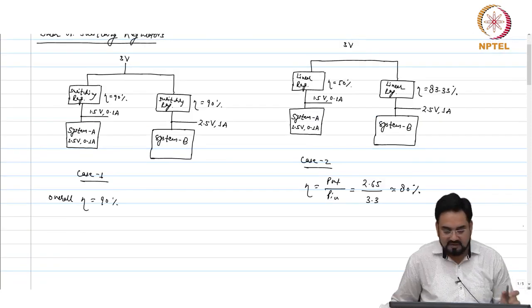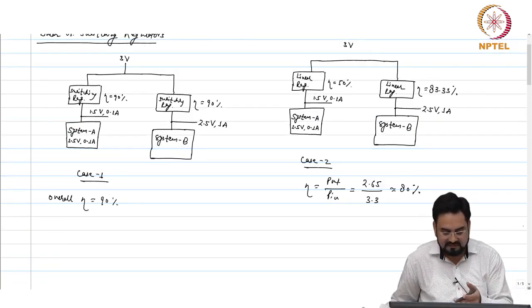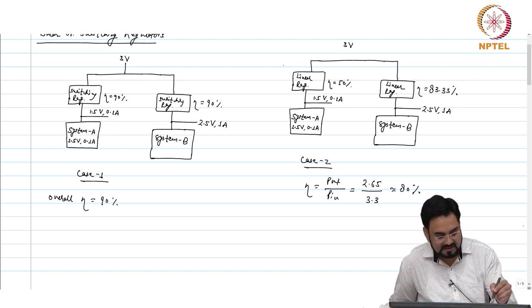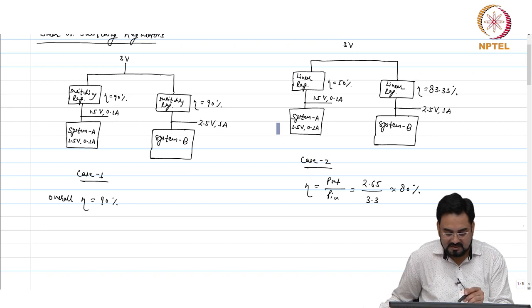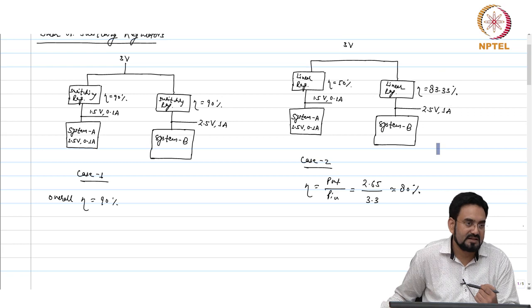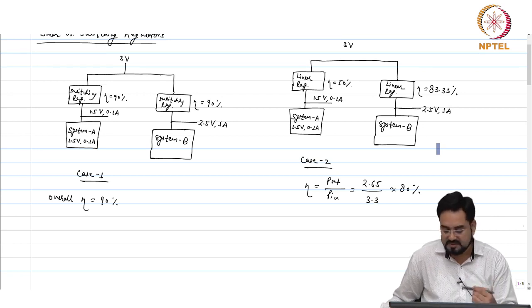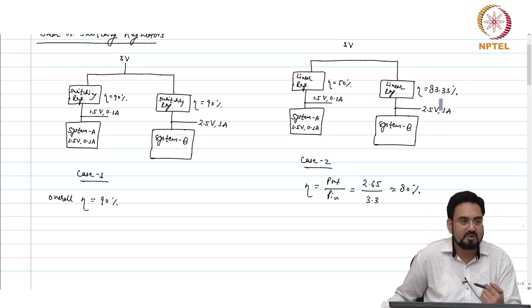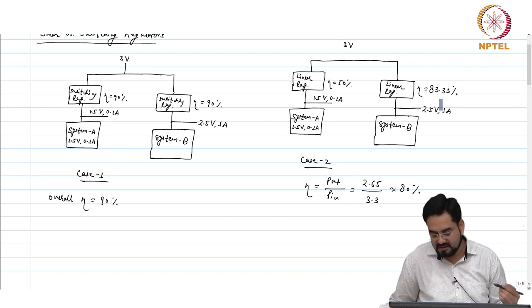Okay. So if you see the left hand side in case 2, your linear regulator, which is delivering 100 milliamp current or 150 milliwatt of power, has 50% efficiency, but the overall efficiency is dominated by the right hand side, because that is 83.35% and we are delivering more power by that regulator.